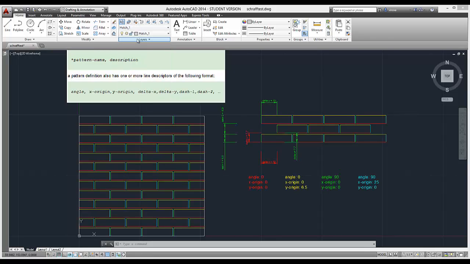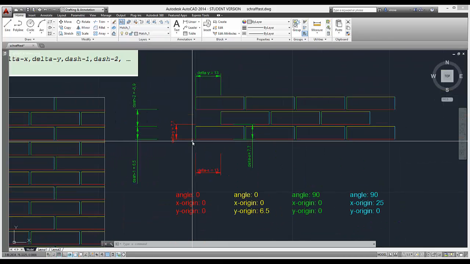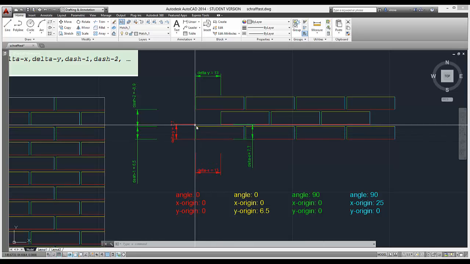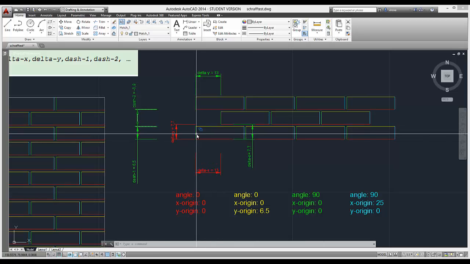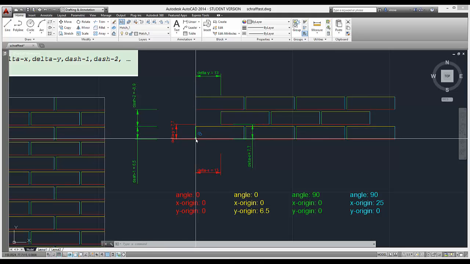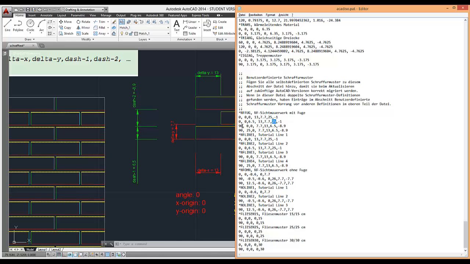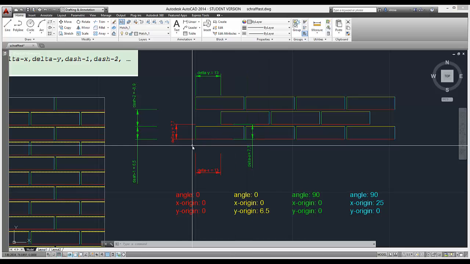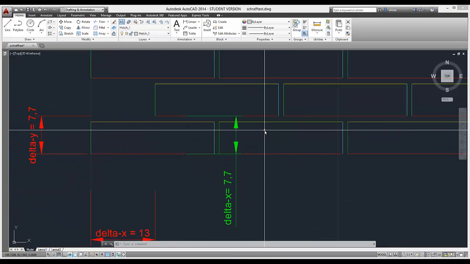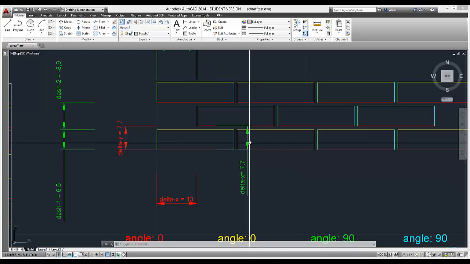The third line, which is the green one, is the first vertical line. It's the left end of the brick. So it starts off again at the origin 0, 0. Has an angle of 90 degrees, of course. Origin 0, 0. And now the offset direction switches. Basically the offset in delta x is now 7.7.